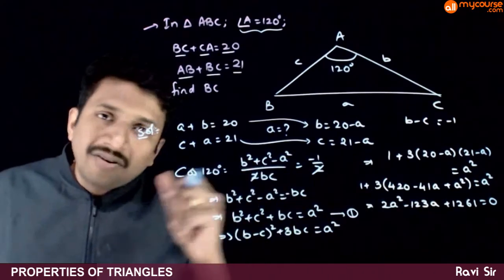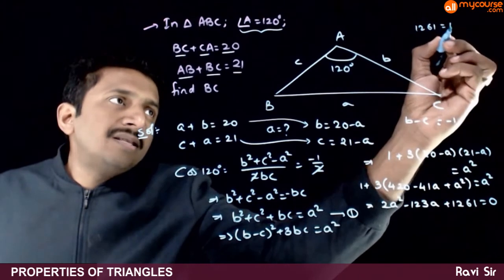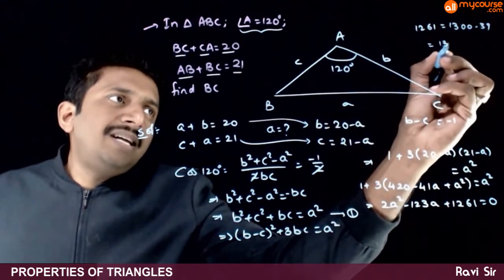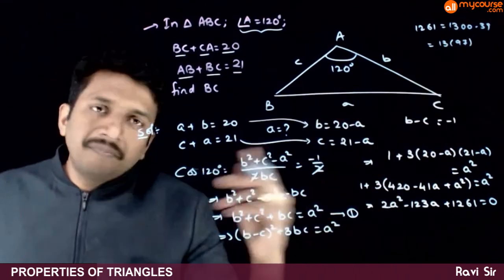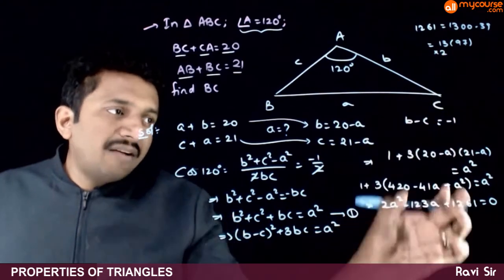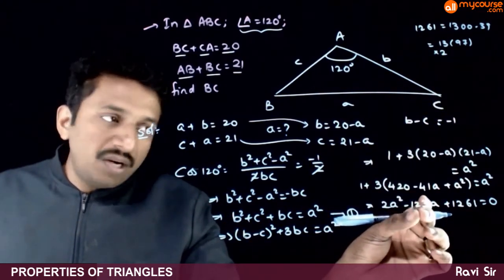So you can try to factorize this. 1261 is nothing but 1300 minus 39. That is equal to 13 times 97. So this is 13 times 97 into 2. So effectively you have 26 times 97, and 26 plus 97 is 123.